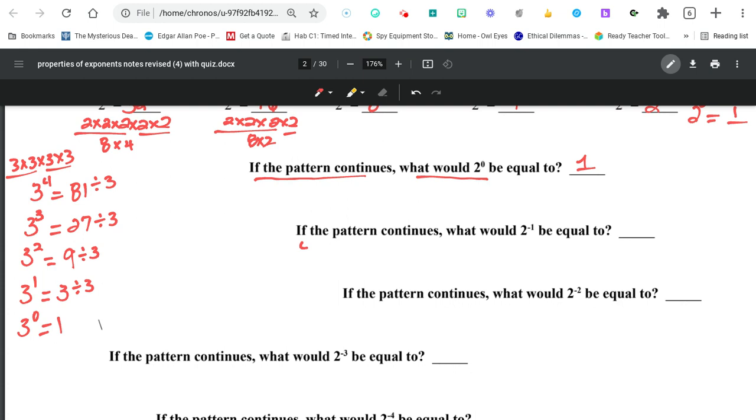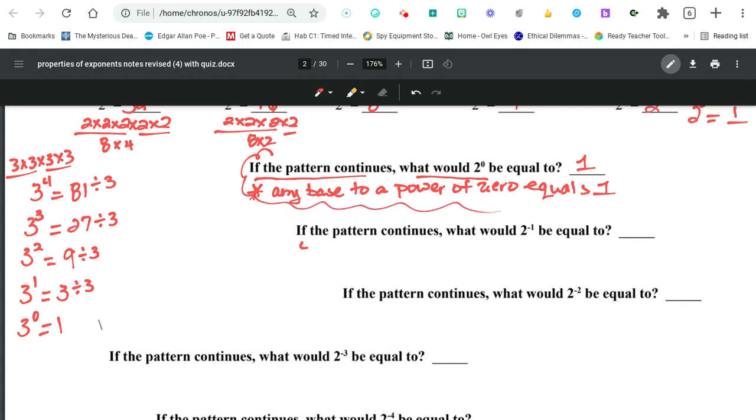So I hope everyone is able to see and write this little note that any base to a power of 0 would equal what? Just by what we looked at.